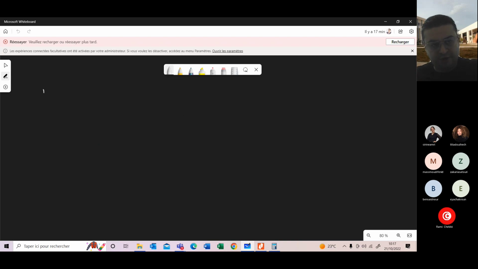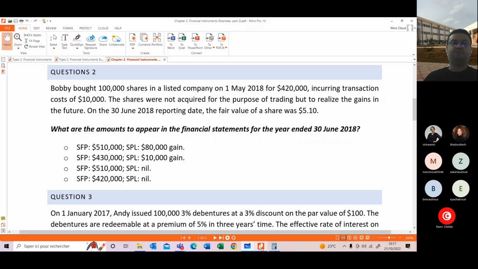Of course, you debit the financial asset and credit normally cash. Now for which amount? I said the initial recognition. It's 430,000. That's right.